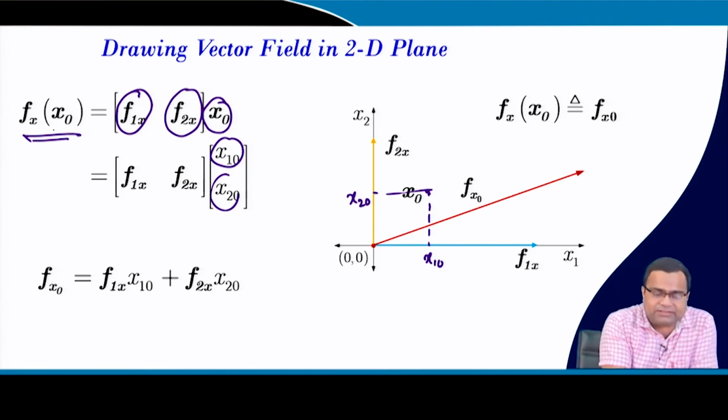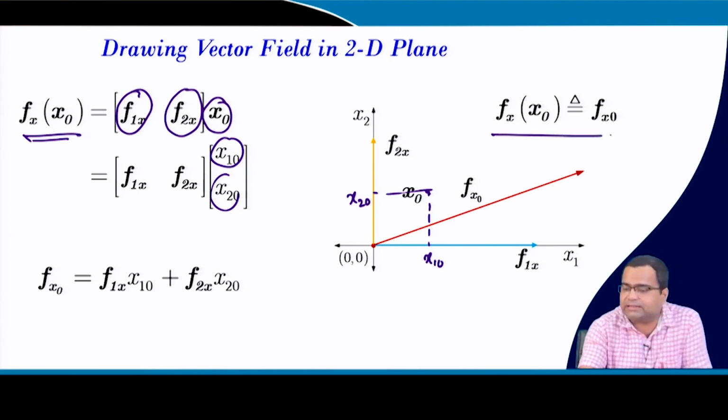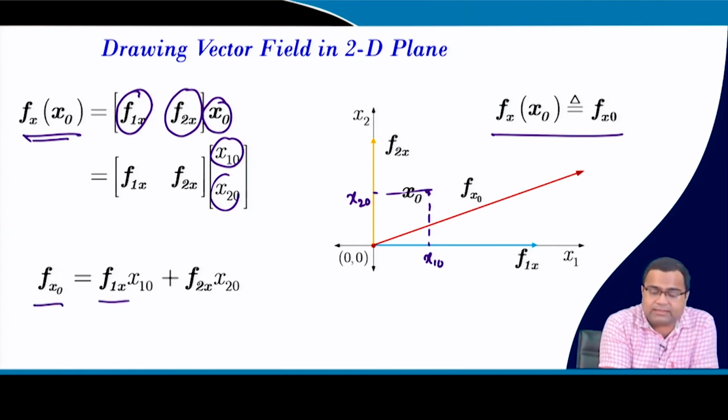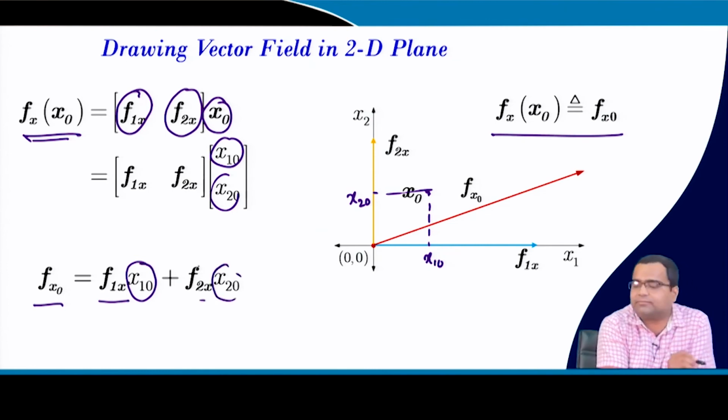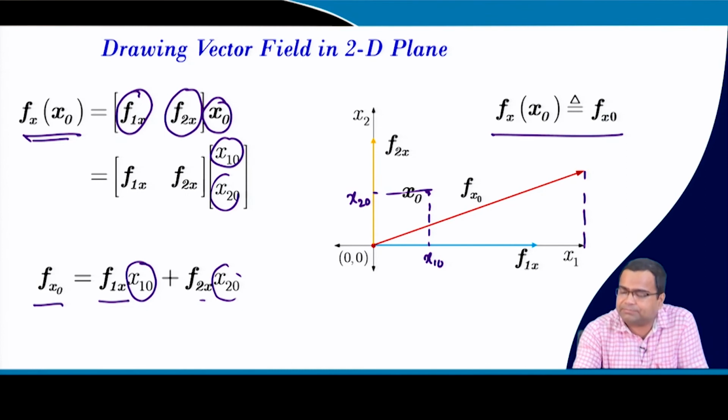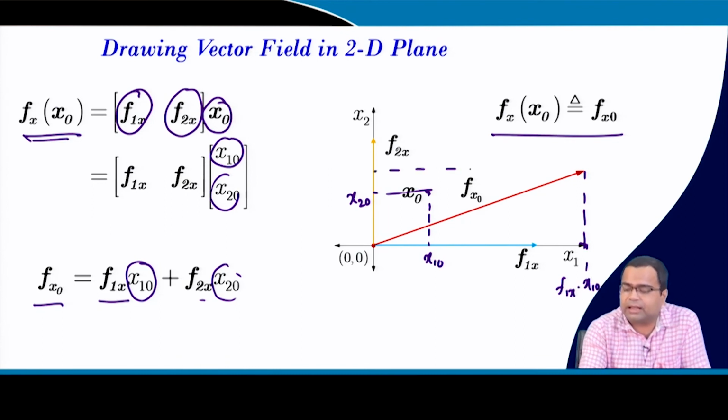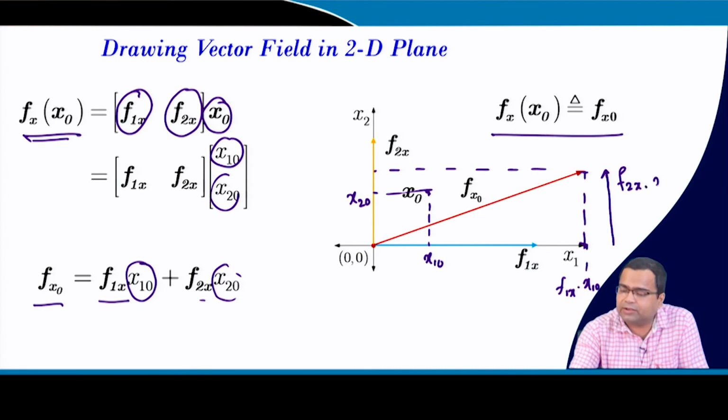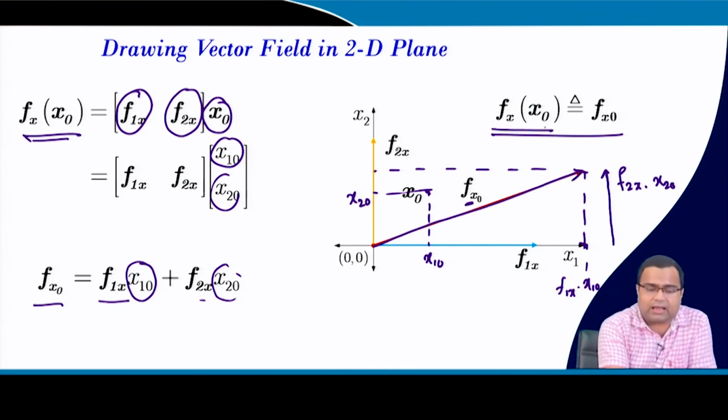So that means fx0 can be written as f1x vector times a scaling factor, plus f2x vector times a scaling factor. That means I am writing this vector to be my f1x into x10, and I am talking about this vector to be f2x into x20, and their resultant vector is this one, which is the vector computed at this point.